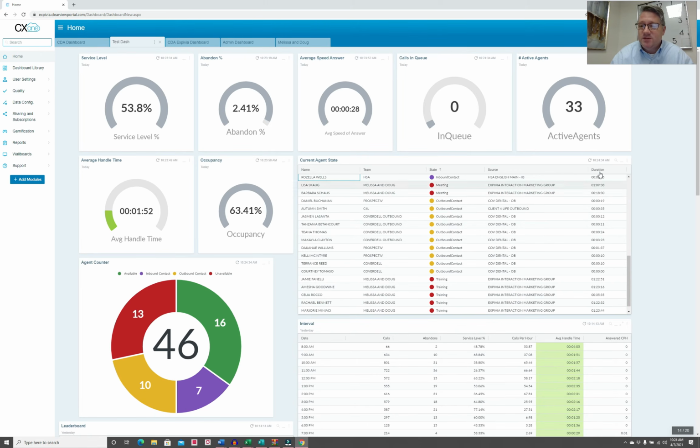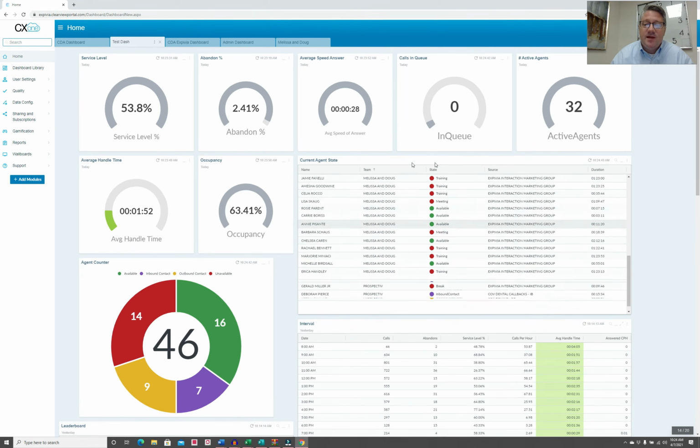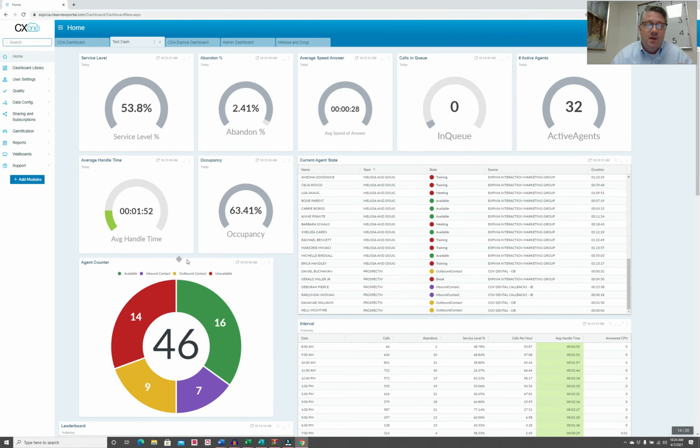And then we can also see our long calls. So is anybody on a call for a really long period of time? What's going on there? So you need to have an overall current agent state, where you can see what your agents are doing currently and make sure that they're doing the right thing.